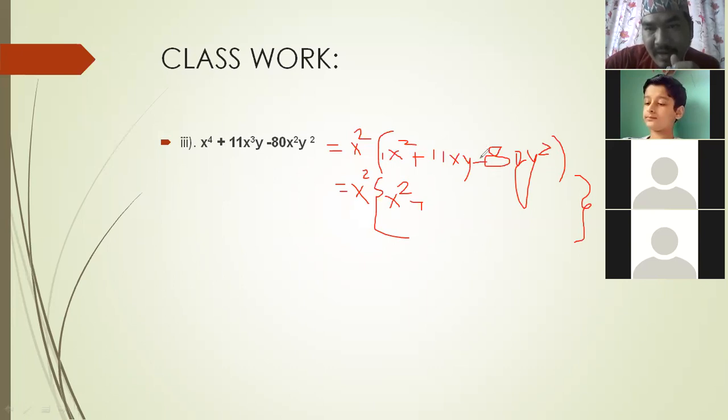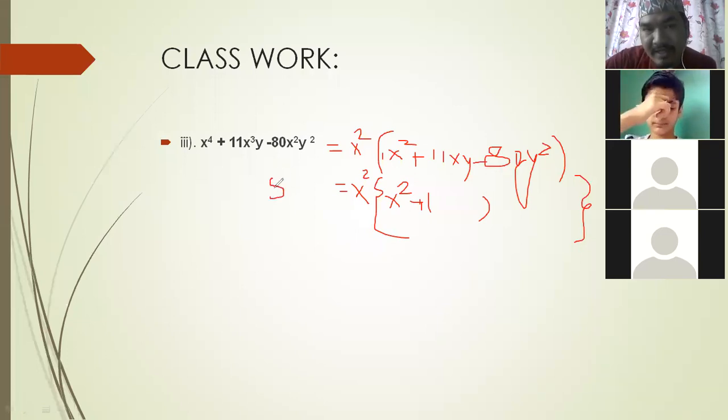Minus 80. Then we have to find out this middle term by subtracting. What are the two numbers whose product is 80 and difference is 11?